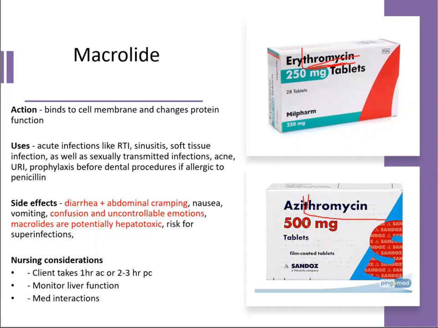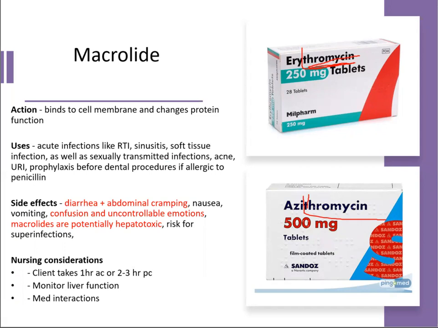So we use them for acute infections like your RTIs, your sinusitis, soft tissue infection, as well as STIs, acne. We can also use them as prophylaxis before dental procedures if the client is allergic to penicillins. So what are the side effects we should know about our macrolides like your erythromycin or azithromycin? You want to look out for diarrhea and abdominal cramping in your clients.